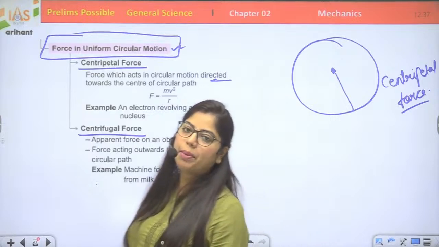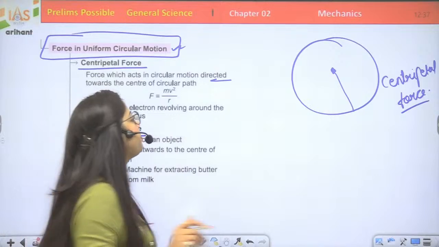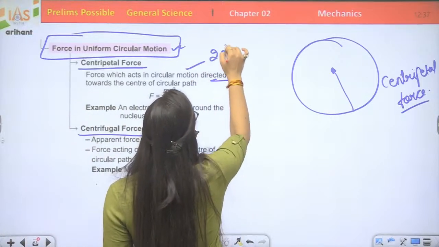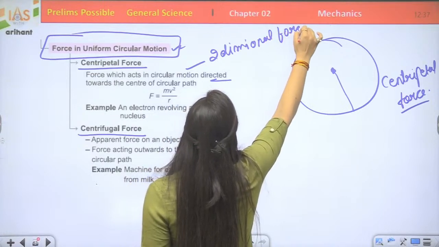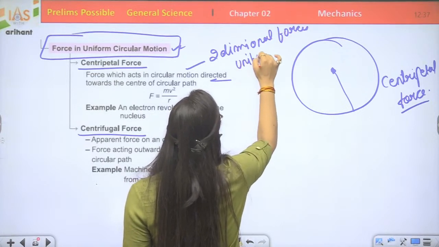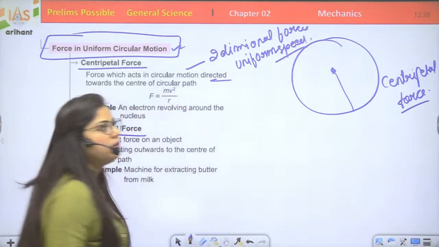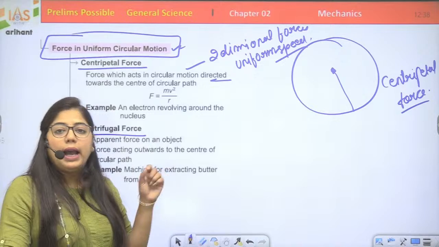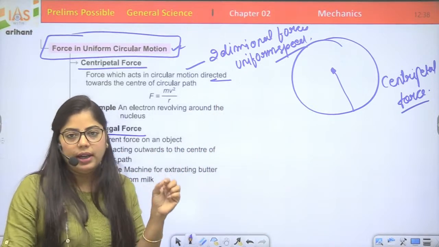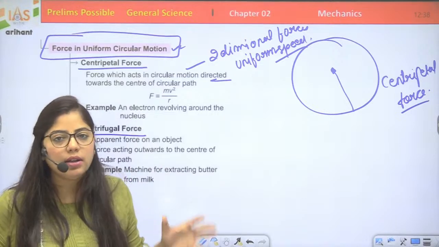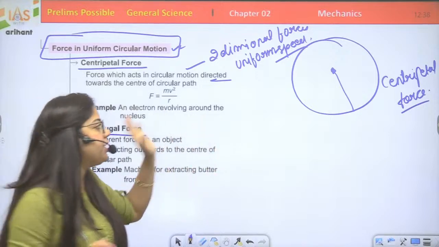Also, the centripetal force is two-dimensional and has a uniform speed. In this circular path, the direction is changing.